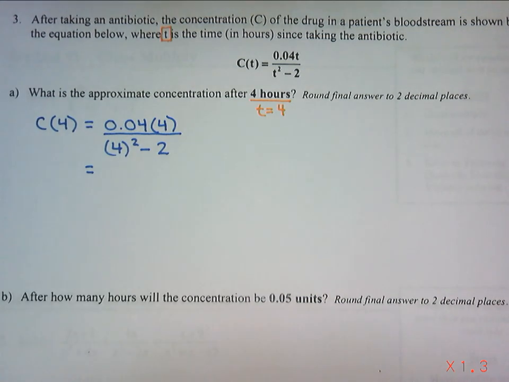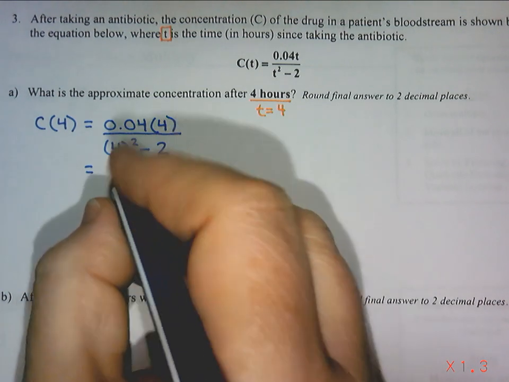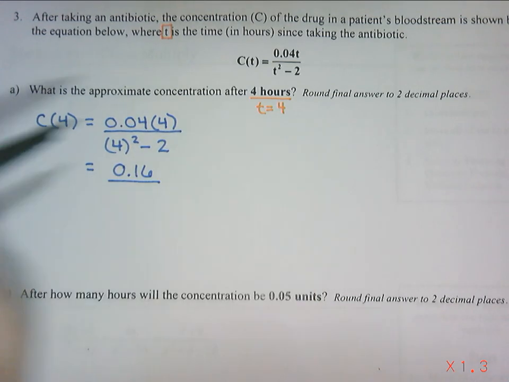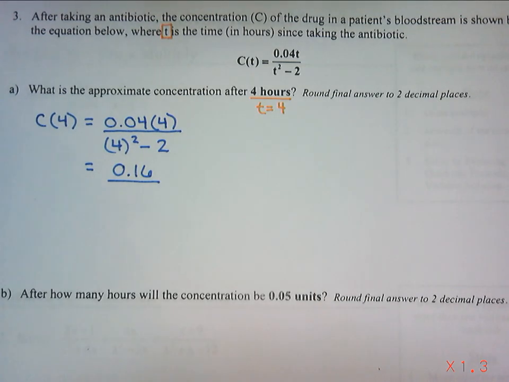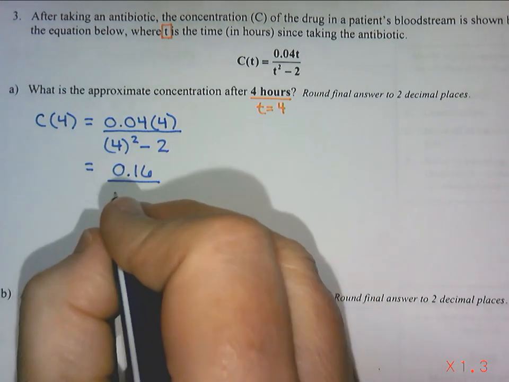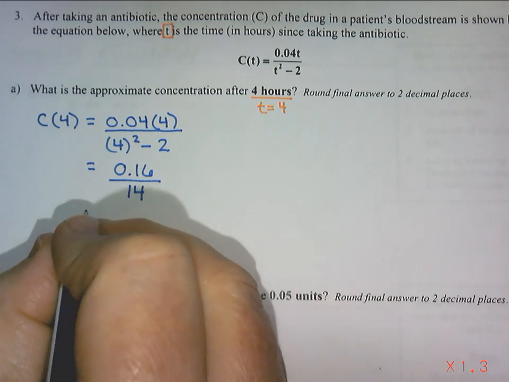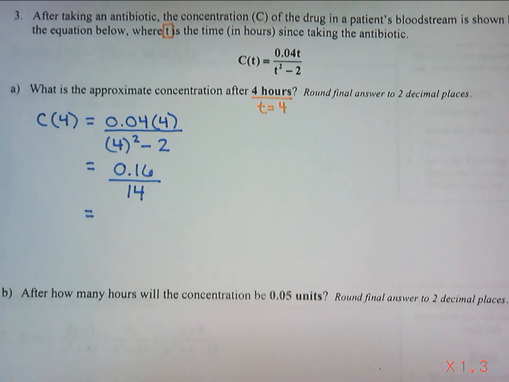I'm going to simplify my numerator and denominator. So I'm going to do 0.04 times 4, which is 0.16. And then 4 squared minus 2, which is 14. And then I'm going to divide 0.16 by 14.